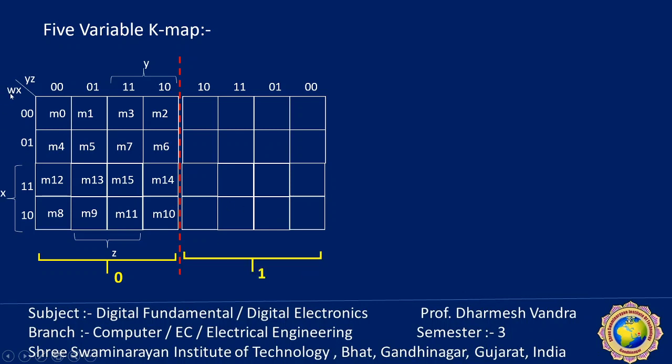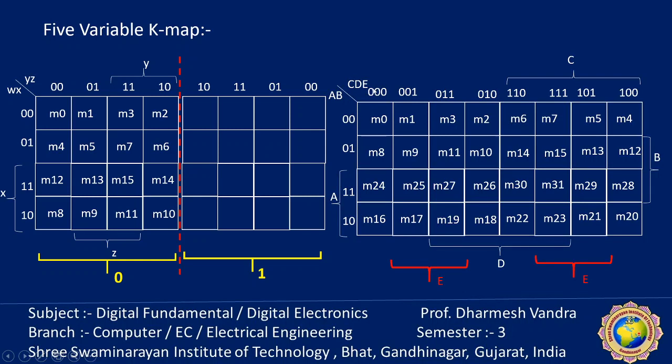So the most significant bit in the left-hand four columns will be 0, while in the last four columns the most significant third bit is 1. So this is my five variable K-map. Total 32 minterms are there.